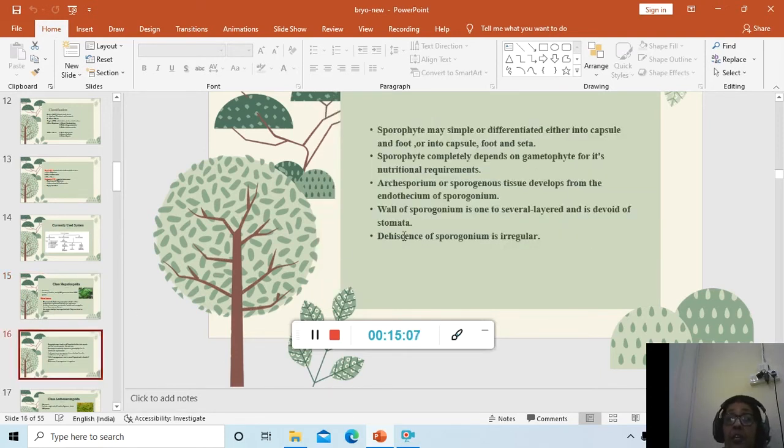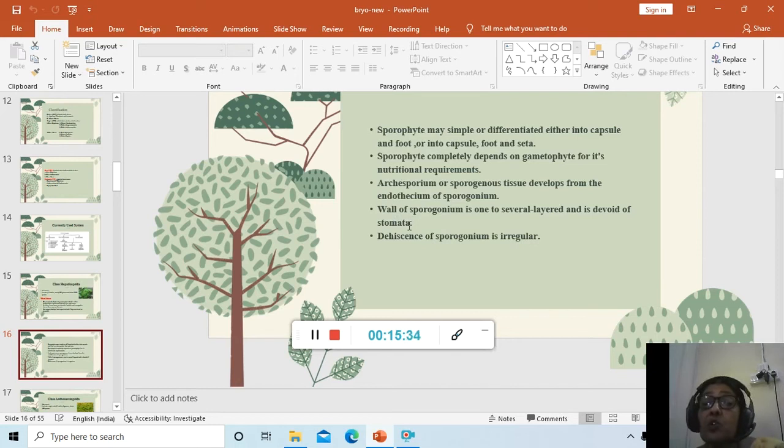In Hepaticopsida, the sporophyte may be simple or differentiated into capsule and foot, or into capsule, foot and seta. And the sporophytic complexity depends upon the gametophyte for its nutritional requirements. So how the sporophyte is nutritionally dependent on the gametophyte determines their attachment.